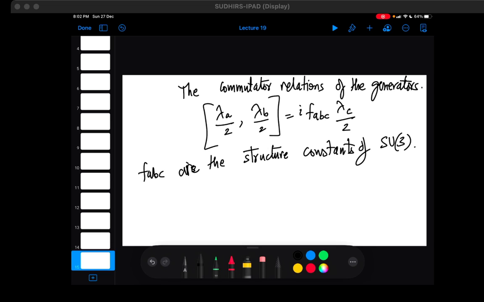So SU3 also has its own Lie algebra. Okay, they also satisfy the Lie algebra.